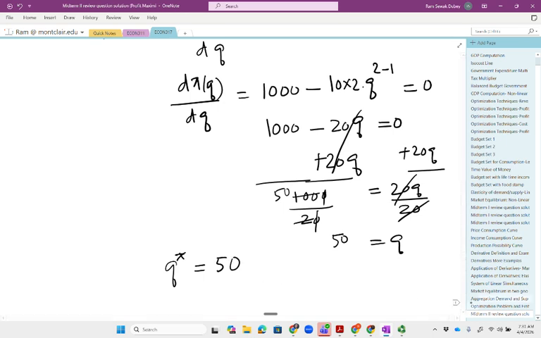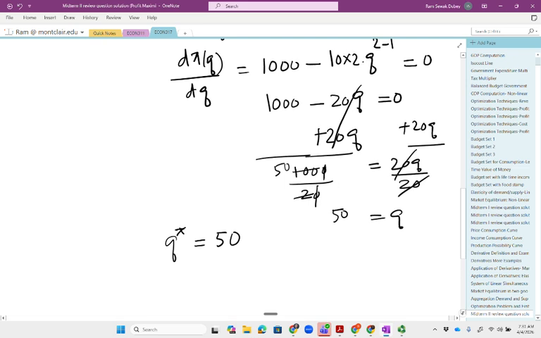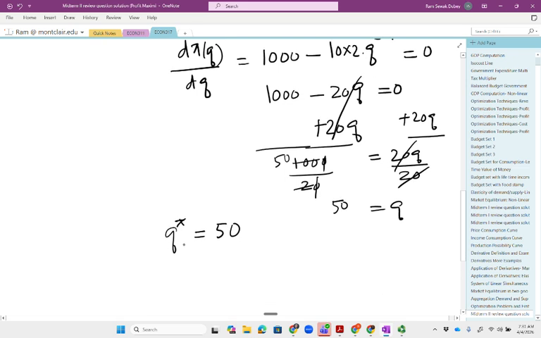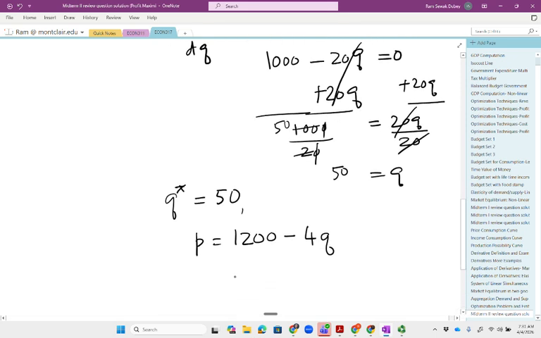Now I can find all the remaining terms. So given Q star equal to 50, I can find the price. Remember, price is 1200 minus 4Q. So this gives me 1200 minus 4 times 50, 1200 minus 200.